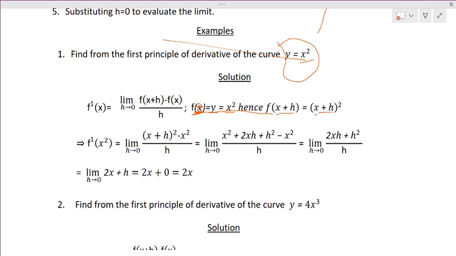Then if f of x is giving you this x squared, then f of x plus h will be x plus h all squared. Good. So we then do substitution in this formula. Right? That's our formula.